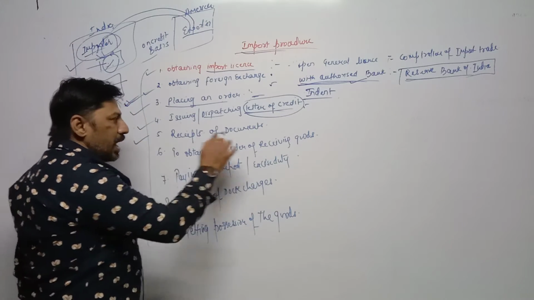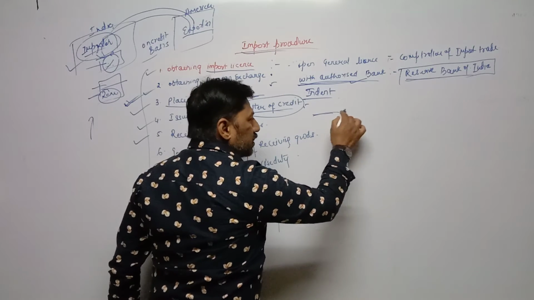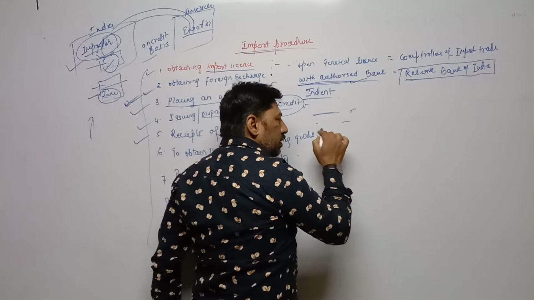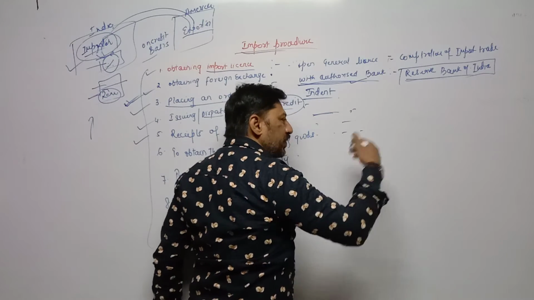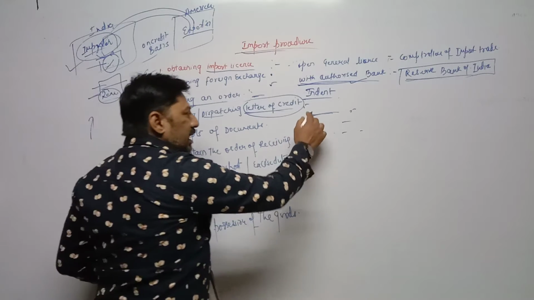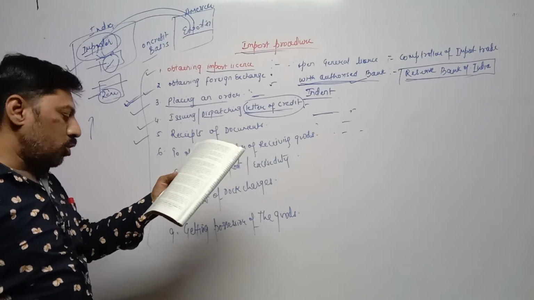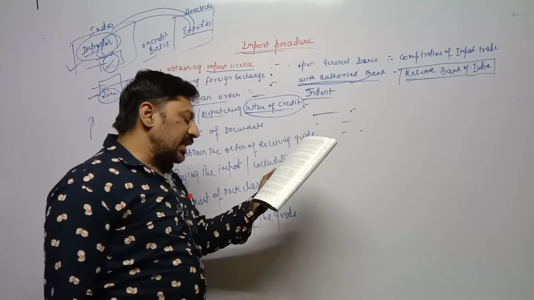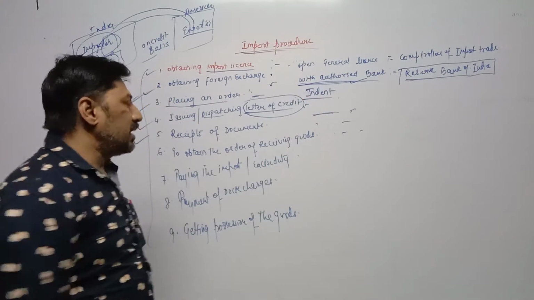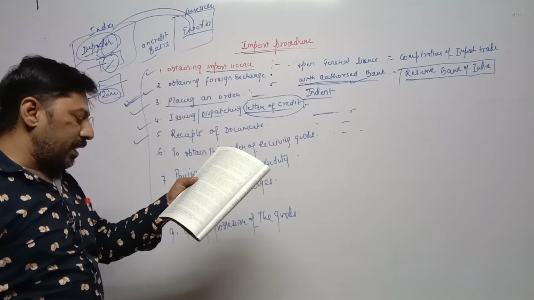Then again, the names of items which we packed, their price, discount, other terms and conditions, how we are sending the goods. Documents regarding all those things are sent to the importer. That is called receipts of documents. So the exporter, meaning the seller, sends all required documents to the importer through his bank.